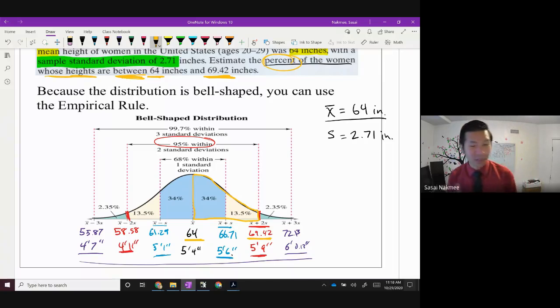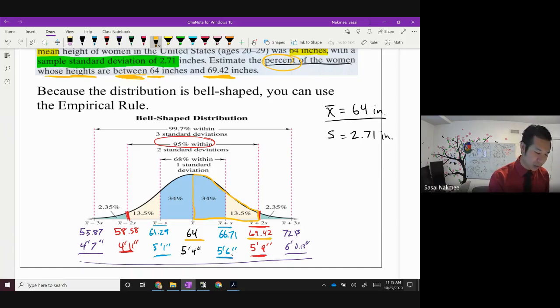And Calvin, you're right. It is 2 standard deviations, but be careful when you're stating this. It's not 2 standard deviations away, because if you just say that, it implies that you're both below and above. You want to go with a complete sentence and say it's 2 standard deviations above the mean. So it includes the mean all the way up to 2 standard deviations above it.